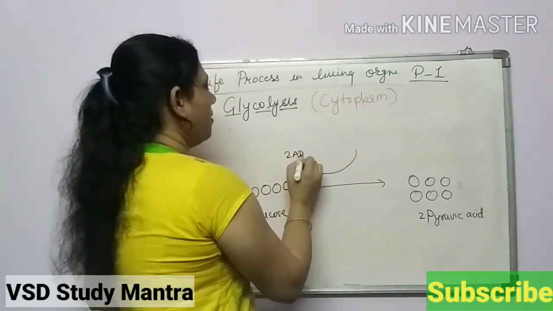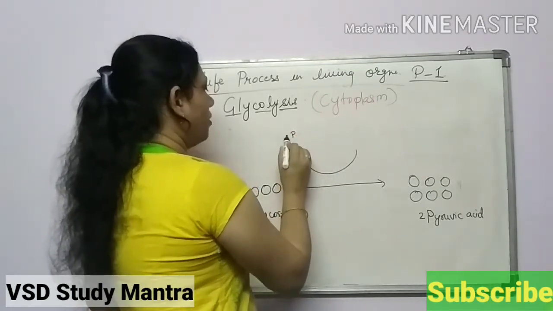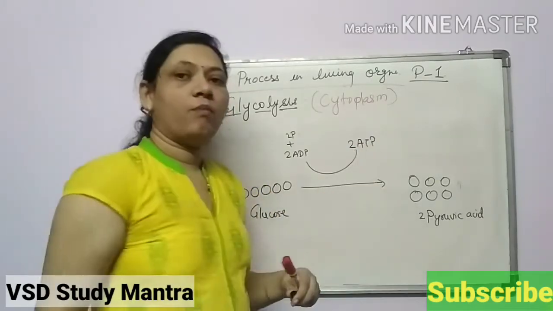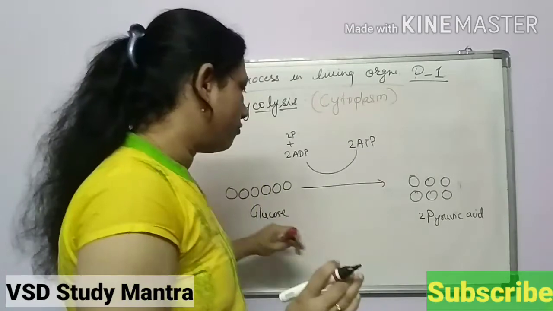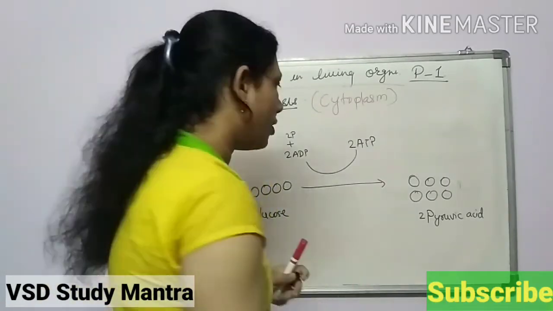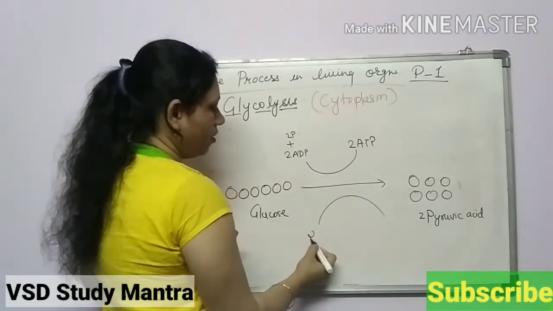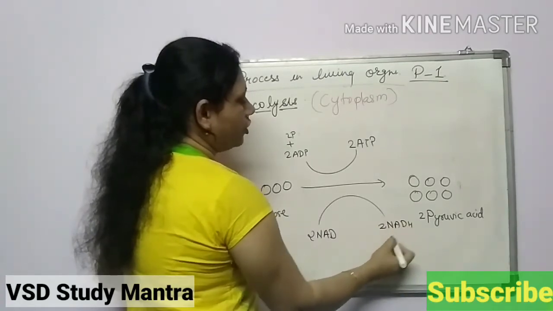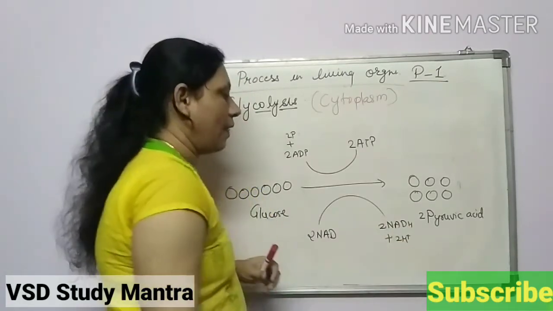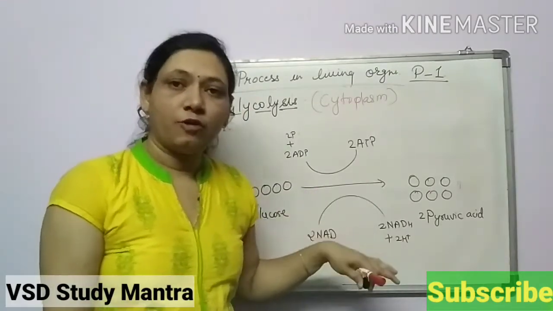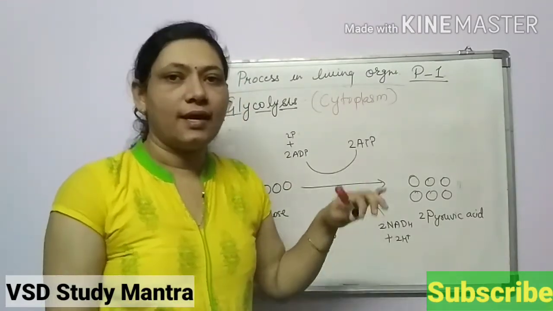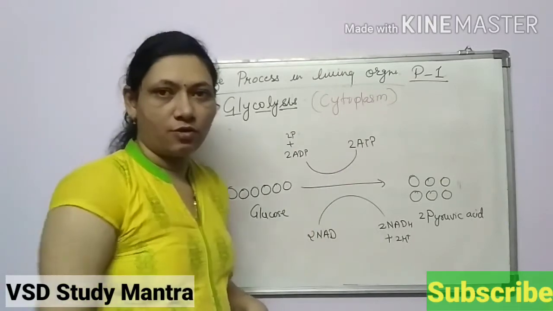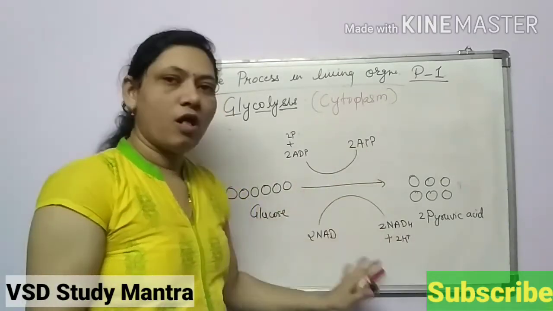Here 2 ADP plus 2P, 2 ATP, 2 molecules from the glucose are produced. Here also 2 NAD and 2 NADH plus 2H plus. So the splitting took place, and this is the energy released from the glucose. This process is known as glycolysis. The glucose is split into all these parts.